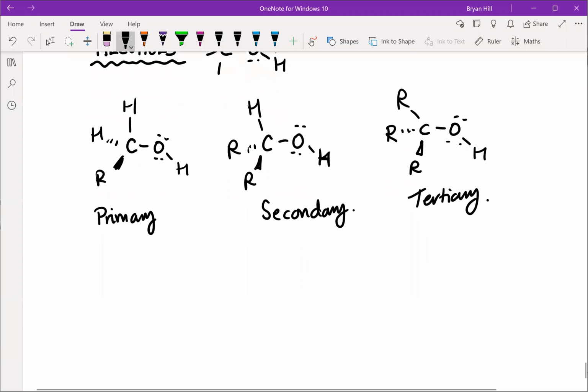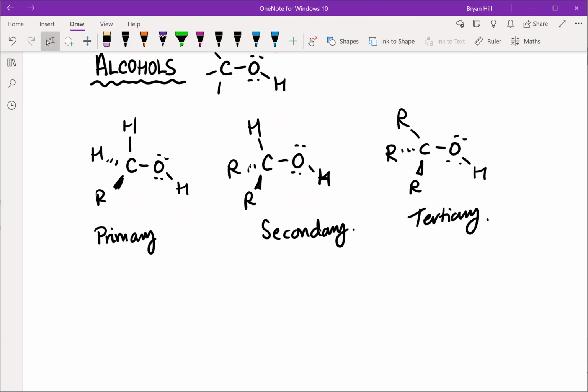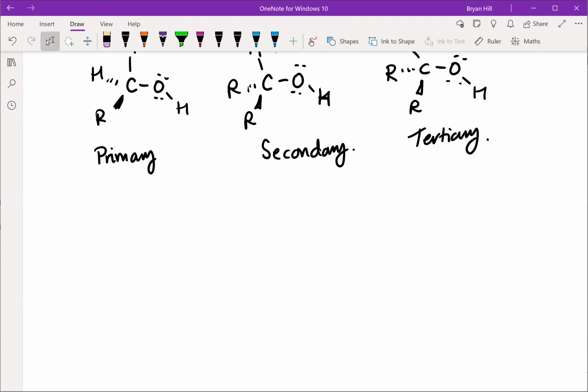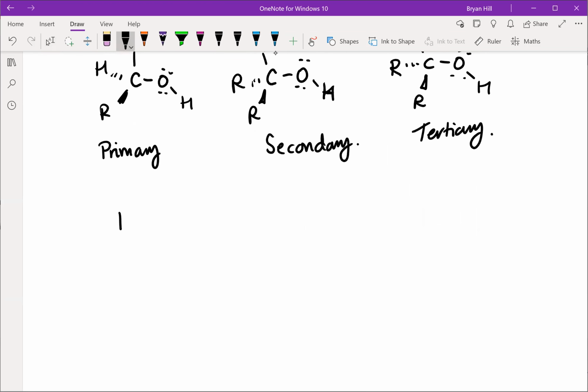Now, we just went through a whole bunch of different reactions that we've used to prepare them. Some other characteristics of alcohols is that they can be Lewis acids or Lewis bases, depending upon what they're reacting with.